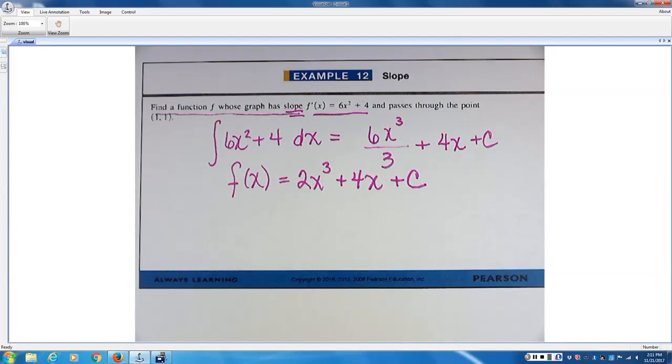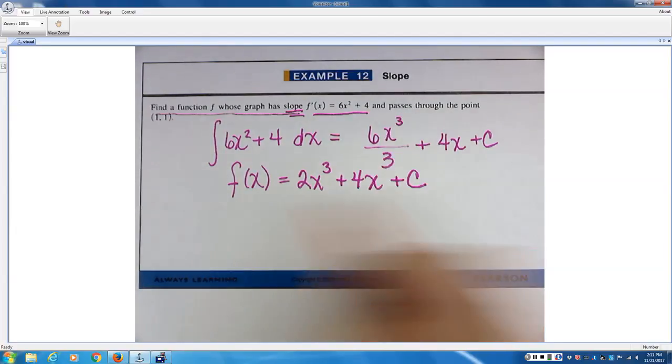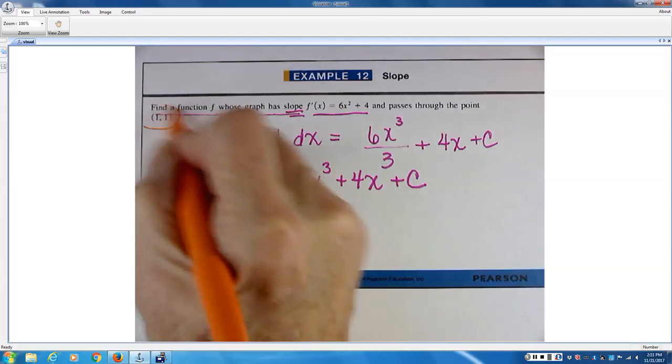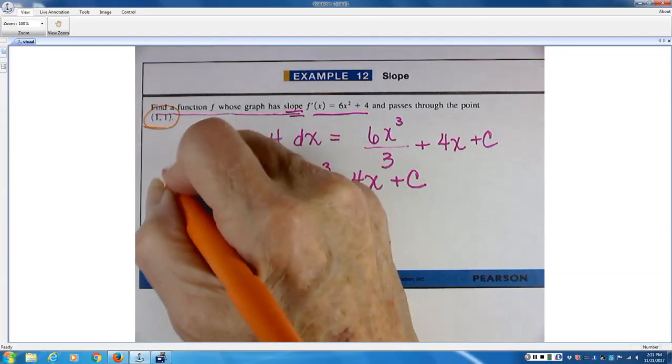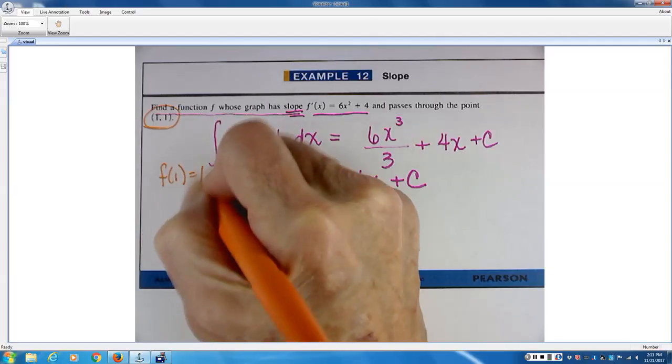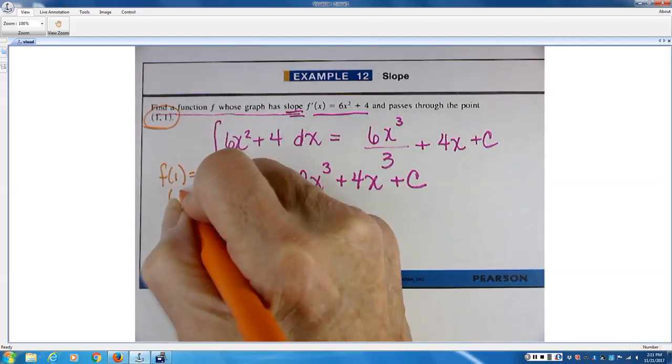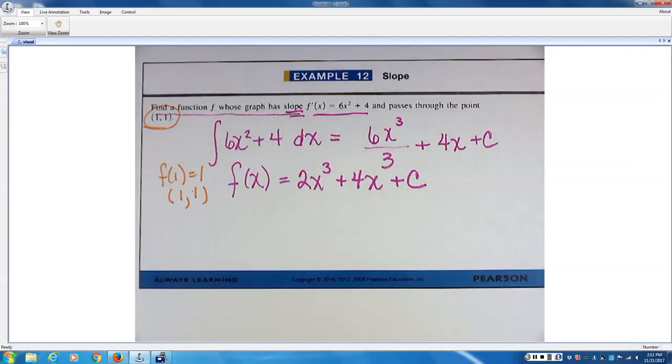Then they gave us another piece of information. They said that this function contains the point (1, 1). That means that f of 1 is equal to 1, and that's the point where x is 1 and y is 1.